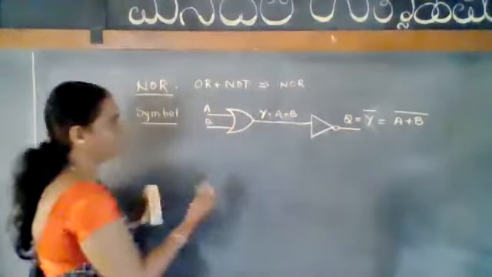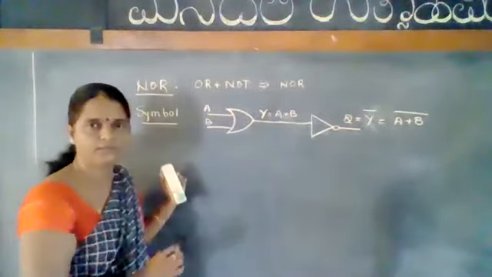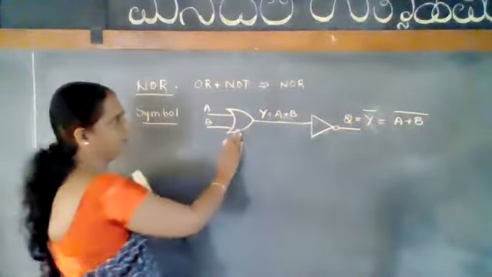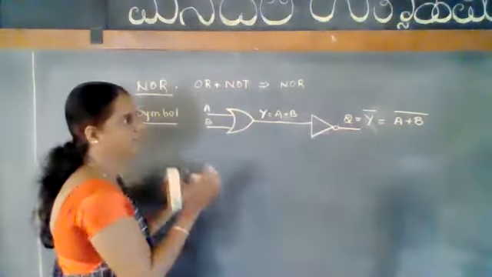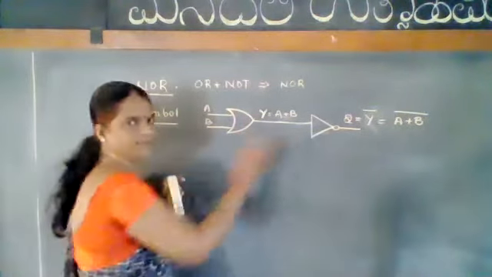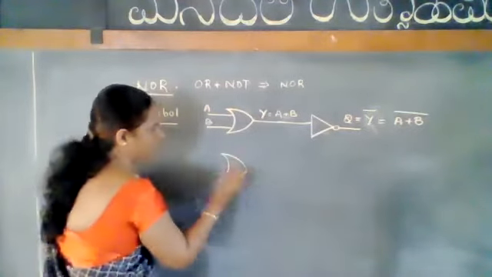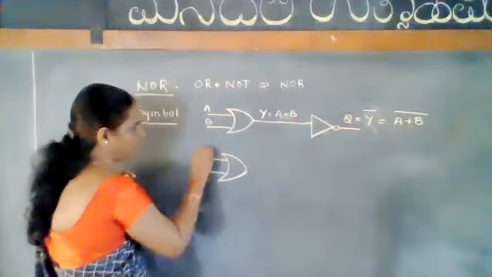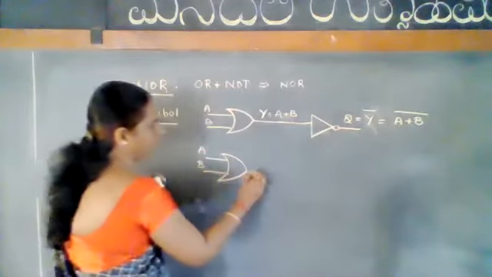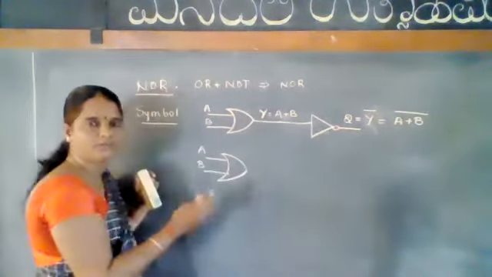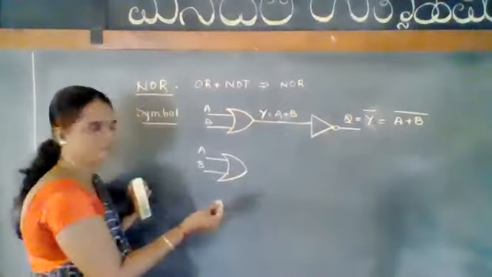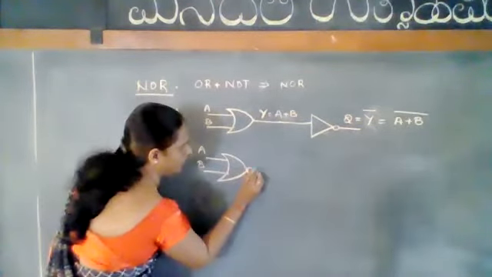Okay. Now how to simplify? For the NOR gate you have to remember the symbol is written in a simplified way. We are not going to write like this. The NOT gate, to indicate that the output is inverted, we write only one bubble here.